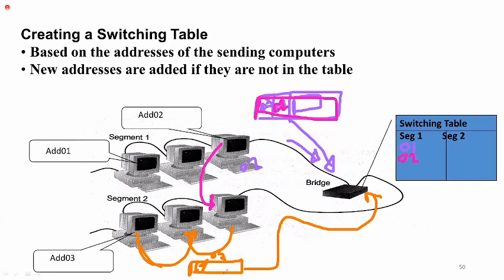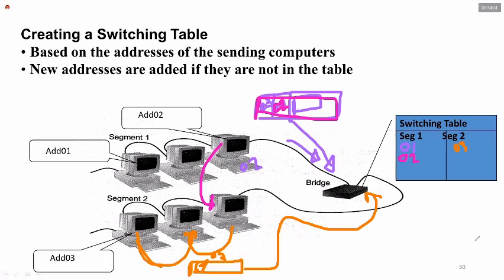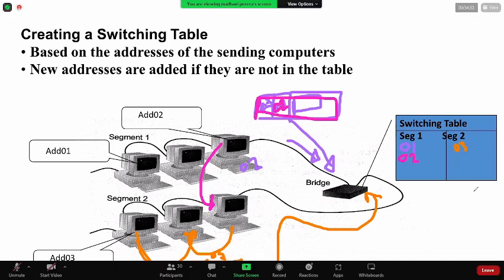So 3 is in segment 2. Like this, at the initial stage, the bridge will make this switching table. Whenever a new computer is added, when that computer sends a message, its address will be added to the switching table. That is how the bridge will build the switching table.